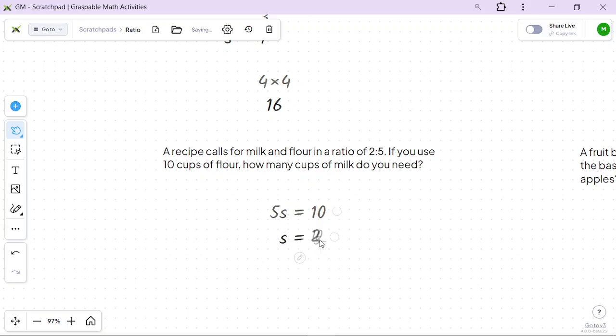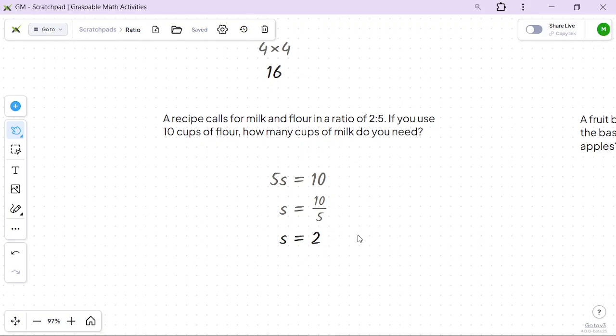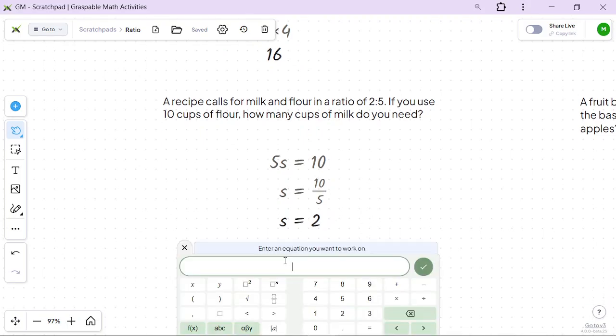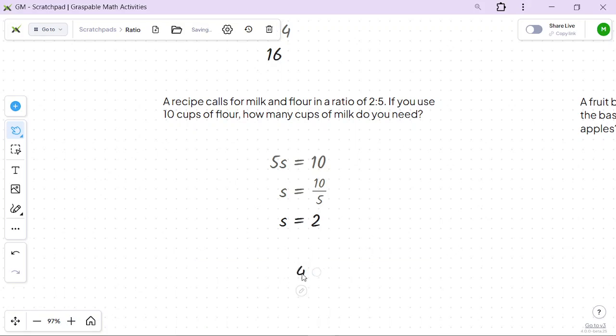So that's what we are multiplying with. We scaled it twice, double. So we'll say 2 times 2. When we scale that, that gives us 4. So if I'm going to use 10 cups of flour, I should be using 4 cups of milk to make that ratio work.